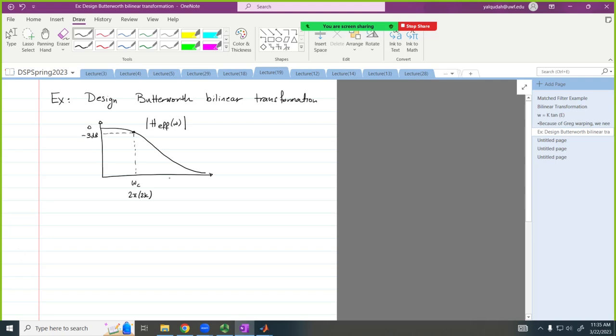And I want omega stop, which is 2 pi multiplied by 3k. And I want an attenuation that is 12 dB. So this is the effective filter that I want the digital filter to do.